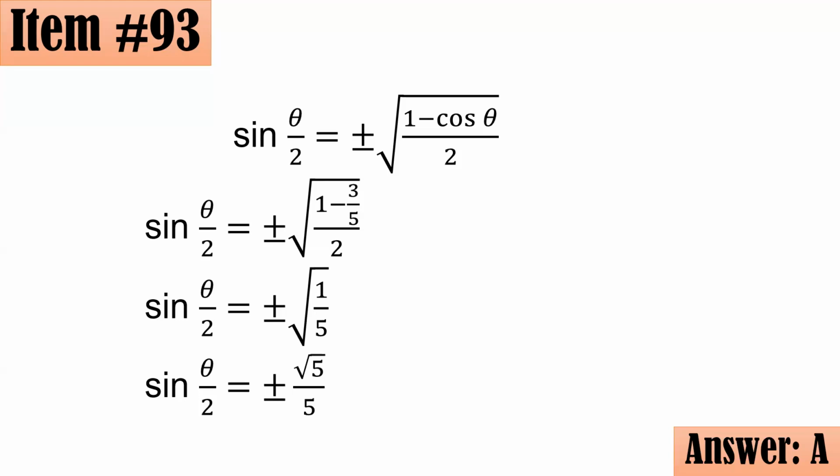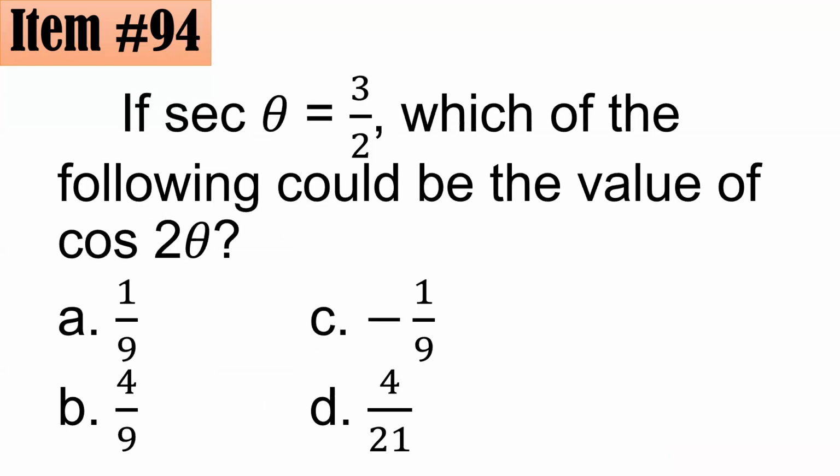94. I hope na clear po sa atin. Yes po. 94. If secant theta is 3/2, which of the following could be the value of cosine 2 theta? 19, 49, negative 19, 4 over 21. Okay, marami ang convinced sa negative 19.